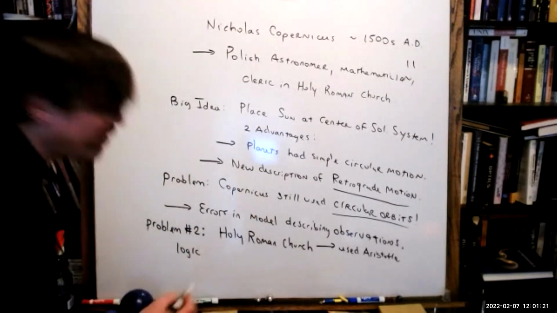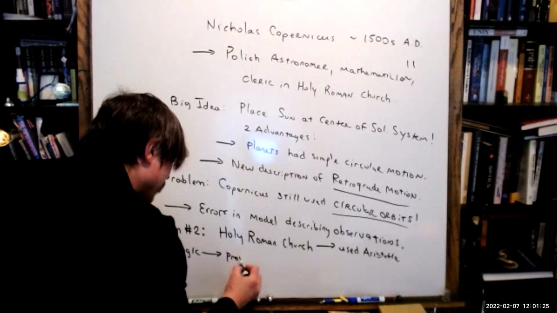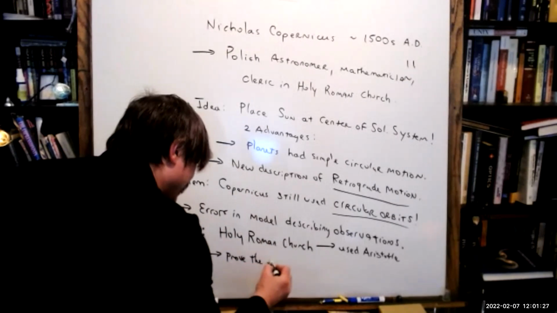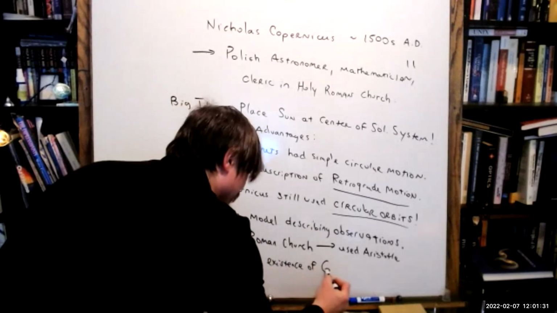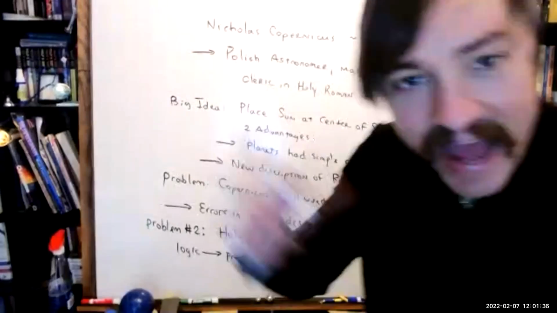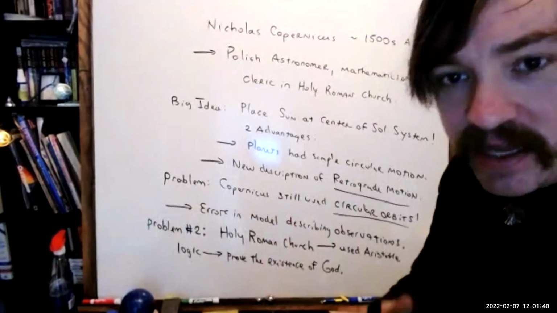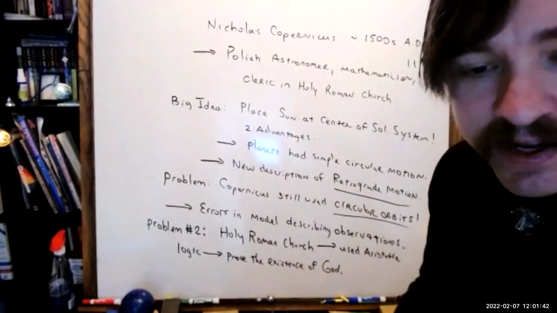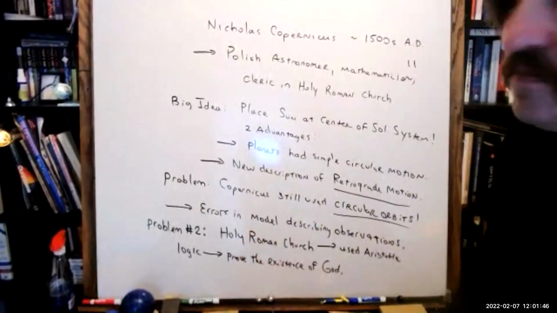They used the logical arguments of Aristotle to attempt to prove the existence of God. And remember, Christianity comes after Roman theology and philosophy. And you'd be crazy to think that the Holy Roman Church wasn't influenced by Roman ideas.